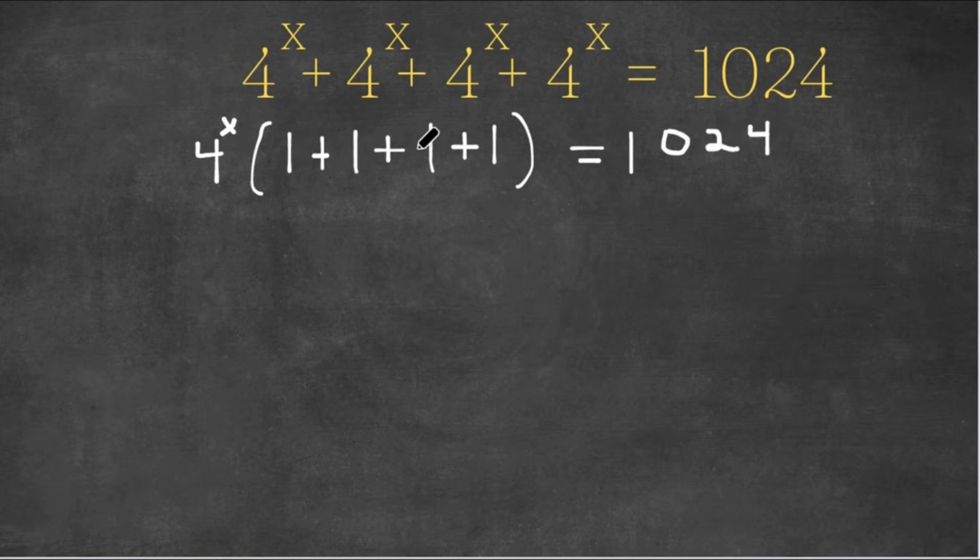Now 1 plus 1 plus 1 plus 1 is 4, and I'm still multiplying this with 4 to the power of x. And this equals 1024.